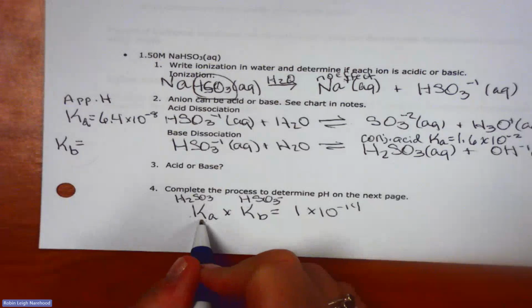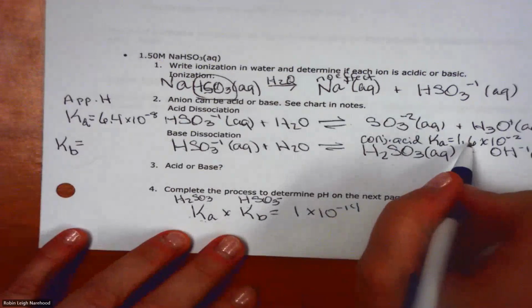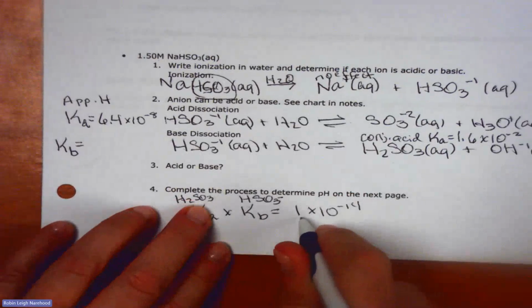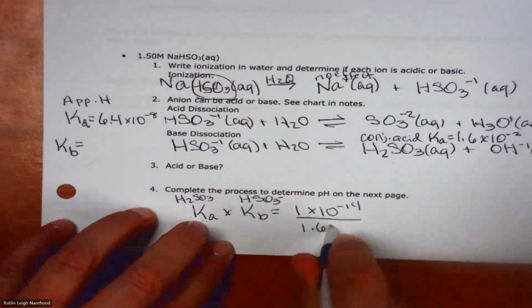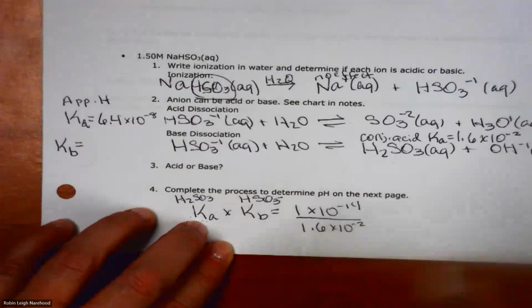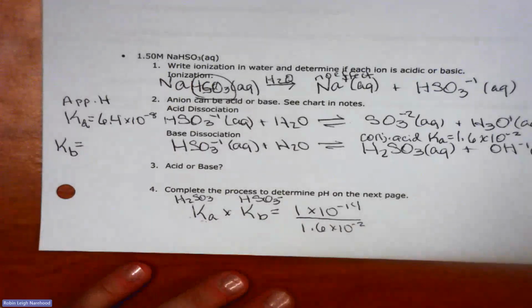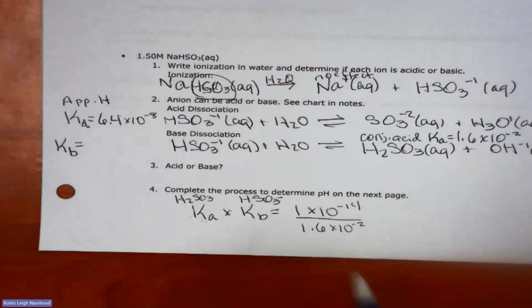We just looked up this value. To rearrange, you divide both sides by Ka. So 1 times 10 to the negative 14 divided by 1.6 times 10 to the negative 2. This is going to be a very small number because the top is negative 14 and the bottom is negative 2. So 1 EE negative 14 divided by 1.6 EE negative 2 is 6.25 times 10 to the negative 13.